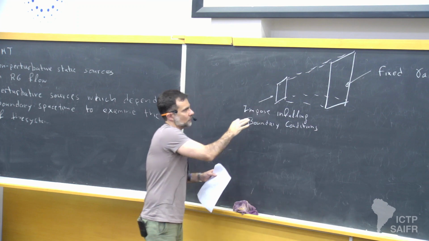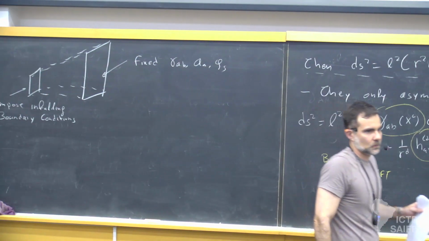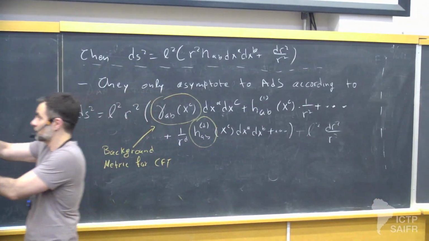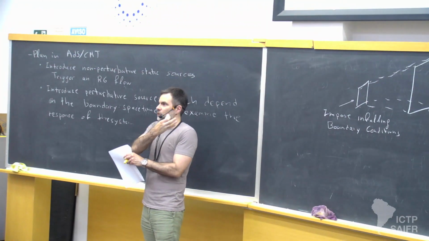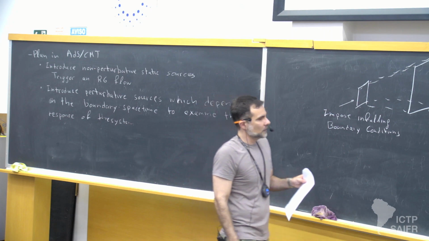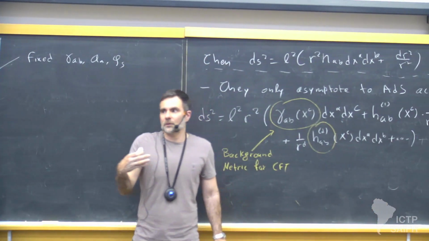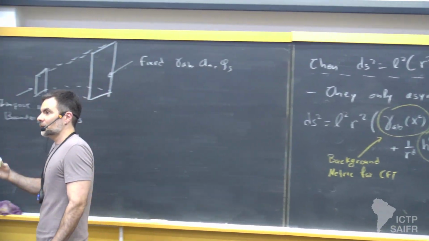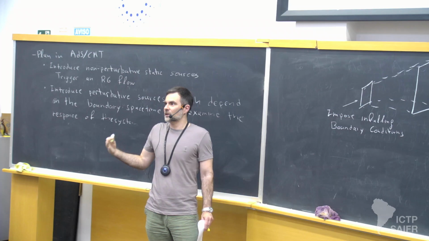In the case that you have a horizon, like in these black branes that Jan was discussing before, I can have event horizons even after having introduced all these sources on the boundaries. So what you want to impose on this event horizon is ingoing boundary conditions. Why? Well, that is a recipe that will let you compute the retarded Green's functions of the system.